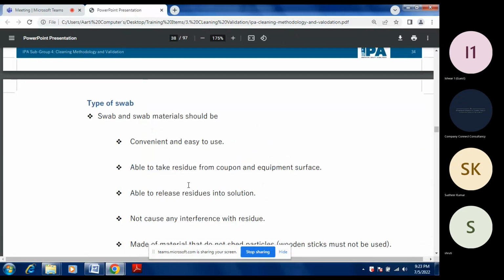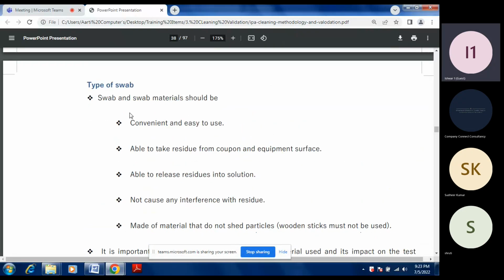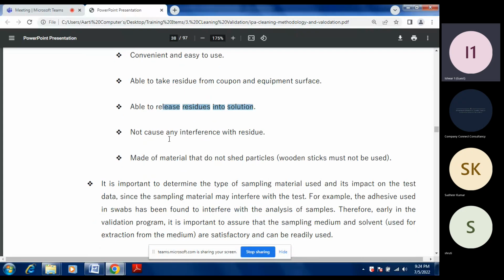So, type of swab. The swab material should be convenient and easy to use, able to take residue from the coupon and equipment surface, able to release residue into the solution, and not cause any interference with the residue.